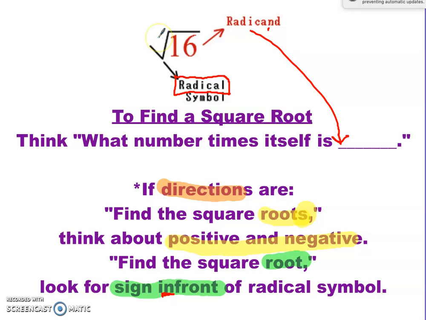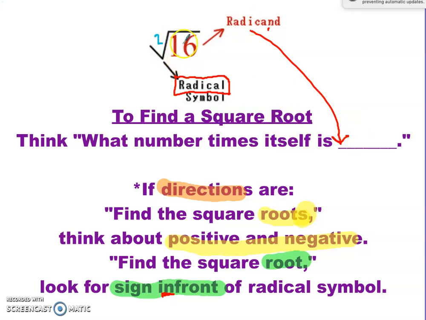If it's a 3, it's going to be a cube root. If there's no number, we have to imagine it's kind of like invisible math. This will be a 2. If there's no number there, that's a 2. And what this means is what number times itself twice is 16.